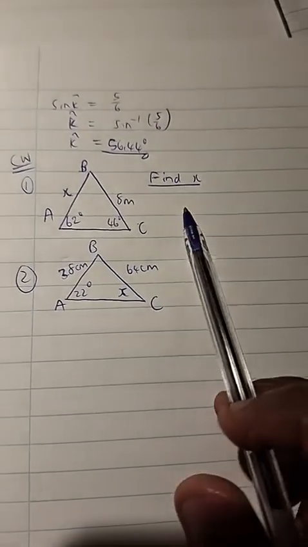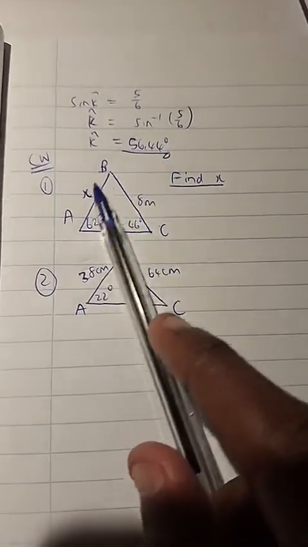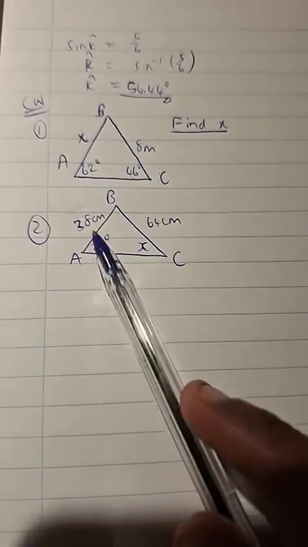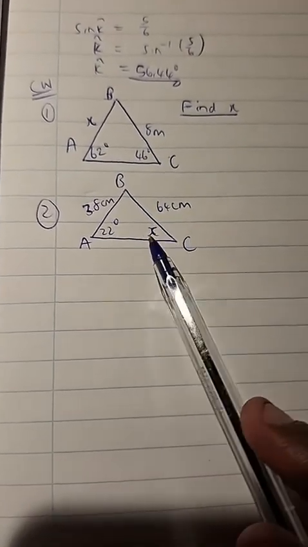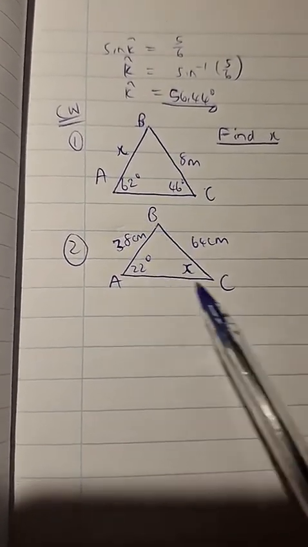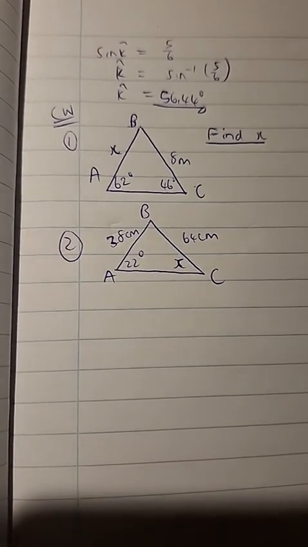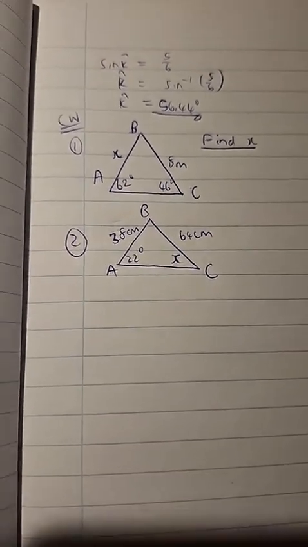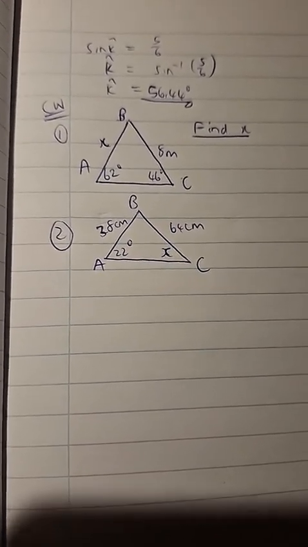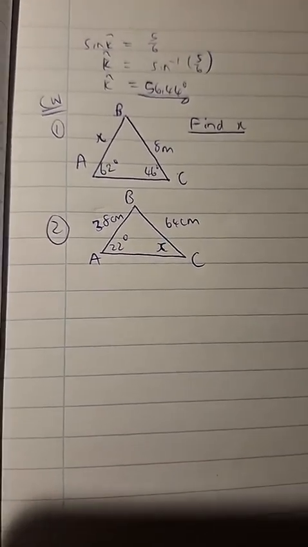Okay, we need to find x here, guys. For this triangle, the unknown is a side. For this triangle, the unknown is an angle. This triangle is non-right angled, and this triangle is also non-right angled. So it means that I need to apply an appropriate rule. We're still just looking at problems under the banner of the sine rule.